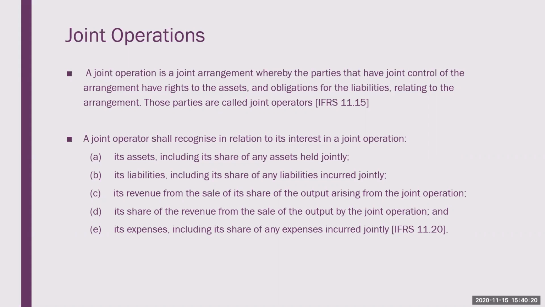So the bottom line is that when you account for a joint operation, you end up performing what's called a proportionate consolidation.